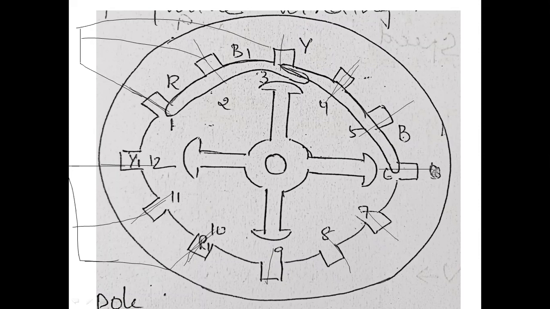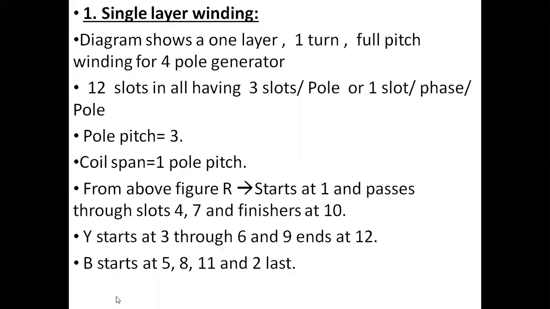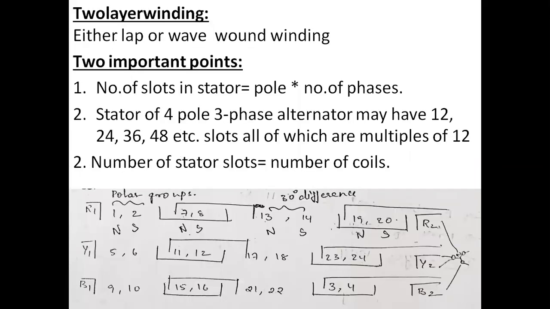Next, the second one, double layer winding or two layer winding. In the double layer winding, this can be wound in lap or wave winding.